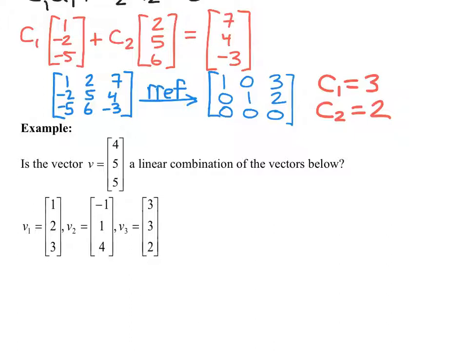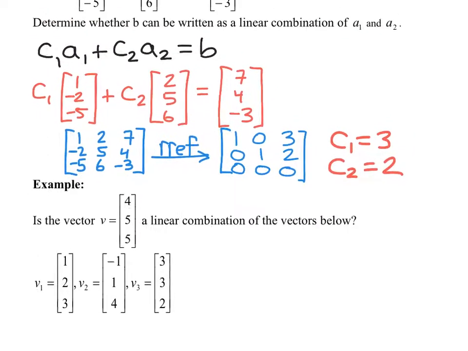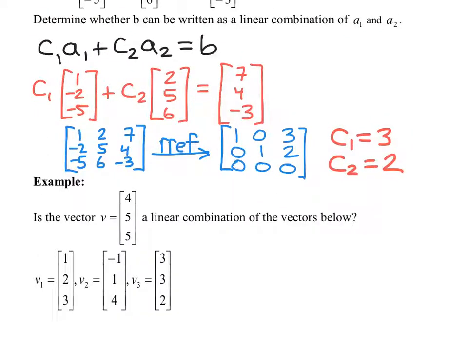So then the next example is really just kind of talking about the same thing. In the previous one, determine whether B can be written as a linear combination of A sub 1 and A sub 2. Is the vector 4, 5, 5 a linear combination of the vectors below? It's the same question. All right.